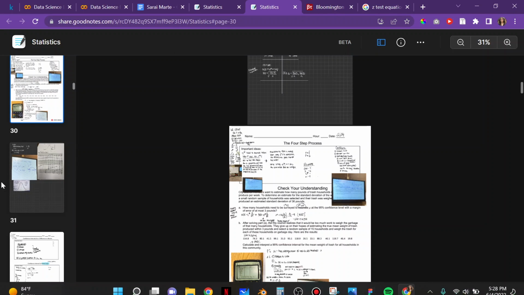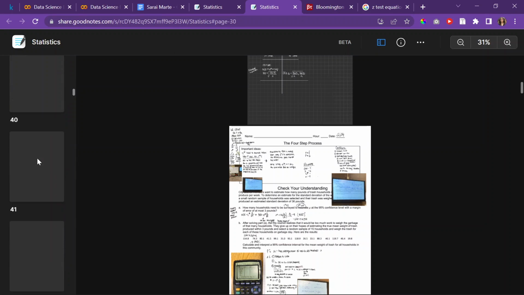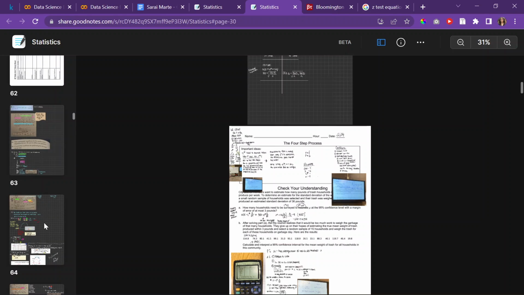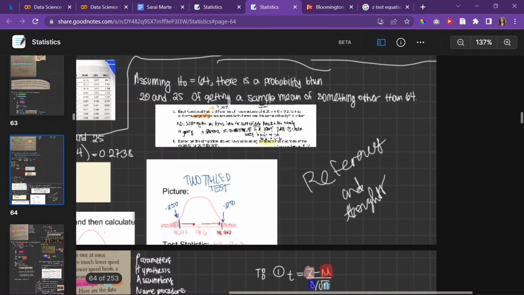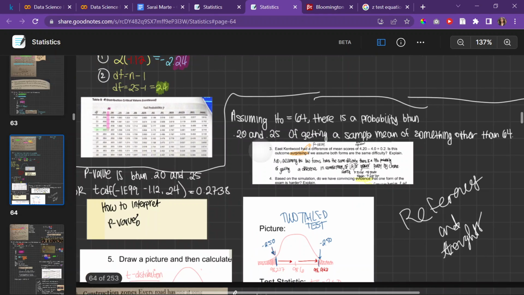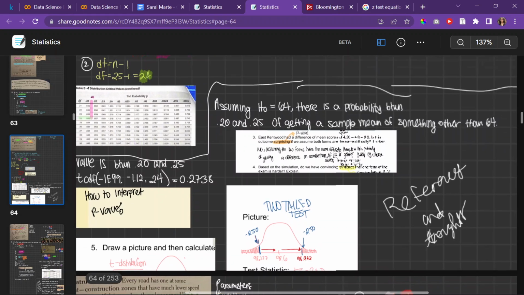So just to note, this was on page 30. Now let's go to page 64. Right here, at the bottom, it says the interpretation of the p-value. So assuming that the null hypothesis is true, right? Oh, that's when I used the t table.